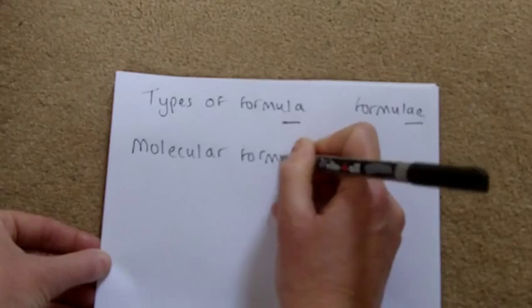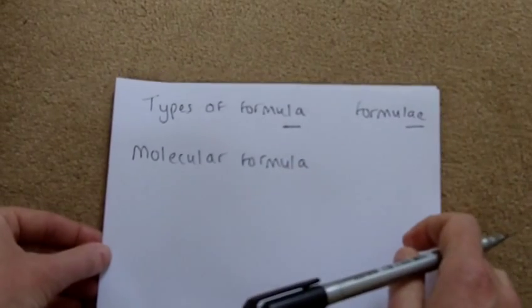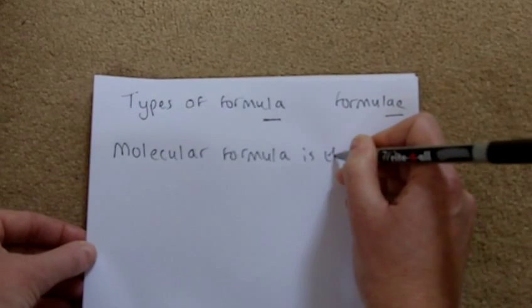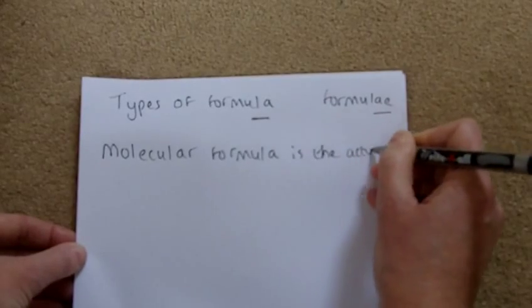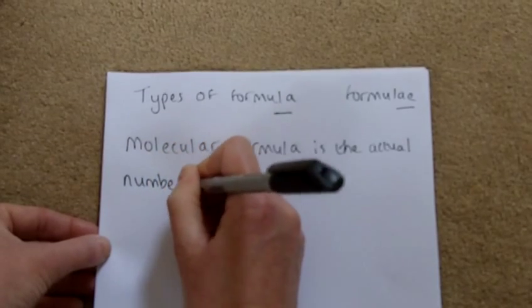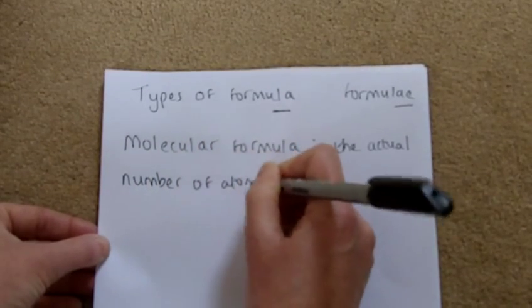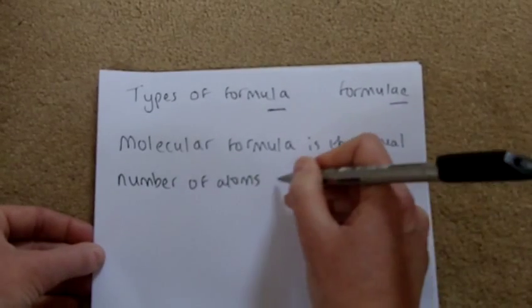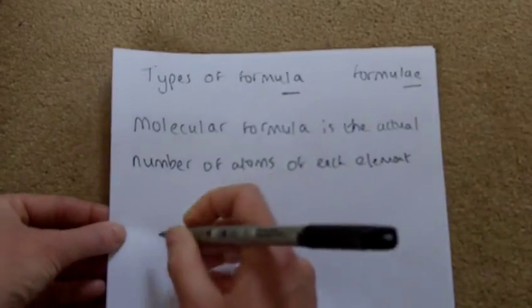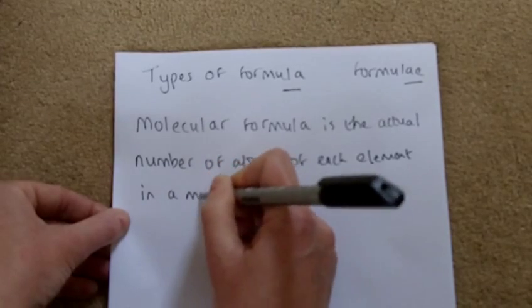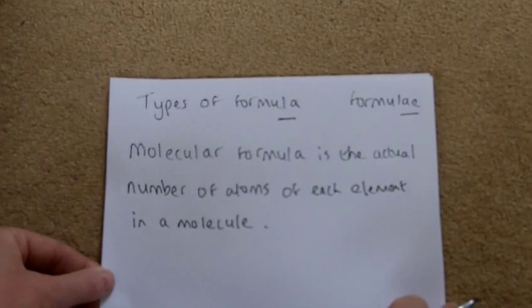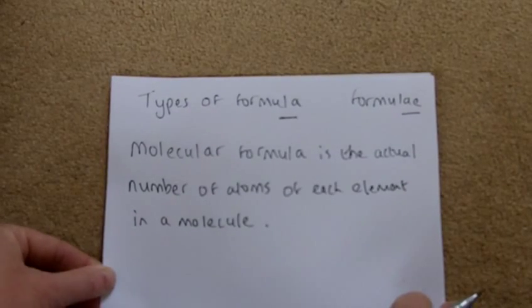You need to know the definition for molecular formula. Molecular formula is the actual number of atoms of each element in a molecule.